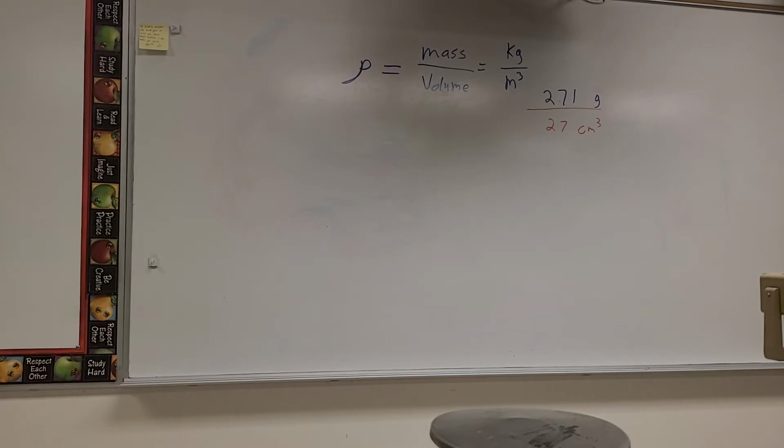Brass being made out of copper and zinc. Let's see, density of brass. Let's look at that one specifically. Okay, density of 10 grams per centimeter cubed.